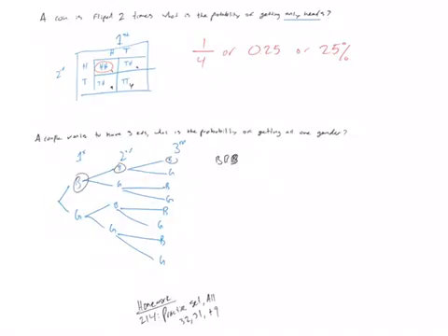Next option would be boy, boy, girl. Or I could have boy, girl, boy. Or boy, girl, girl.